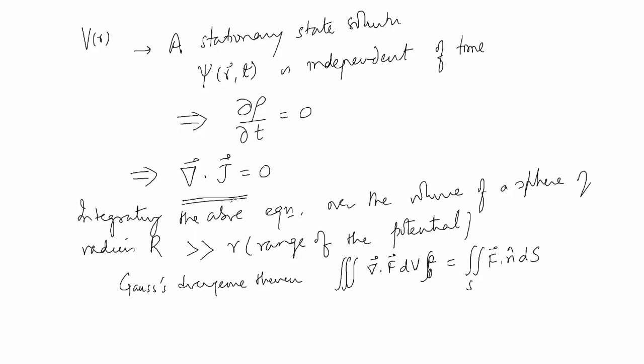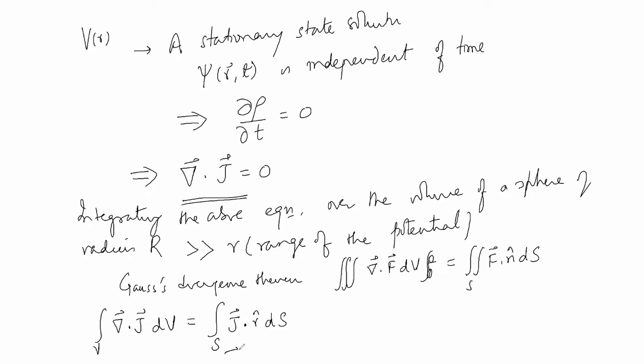Now here, if I apply this theorem in this expression, where we are integrating over the volume, I will write it as the volume integral of divergence of J dV equal to the surface integral of J dot r dS.